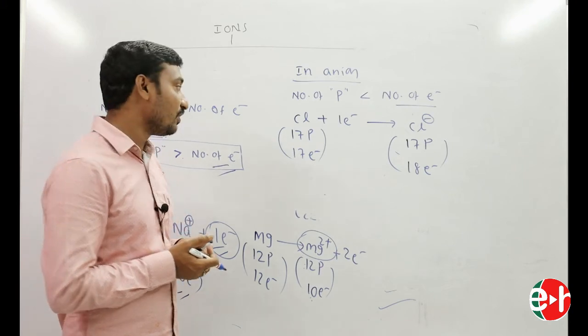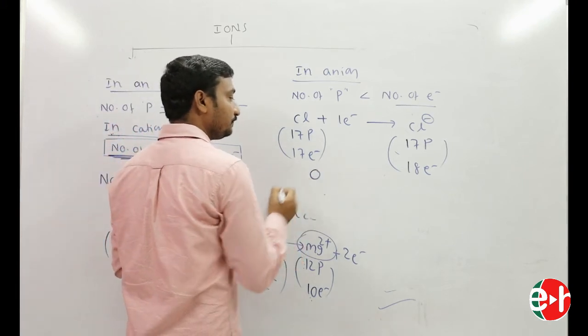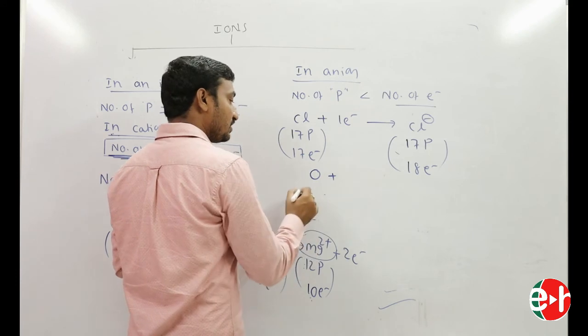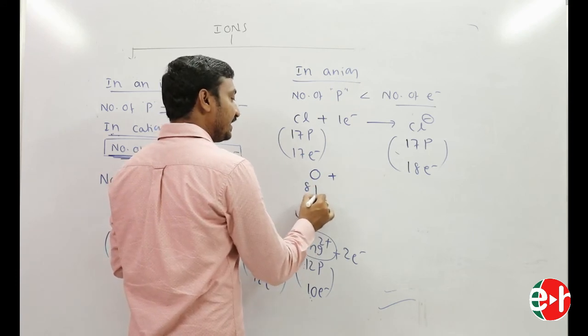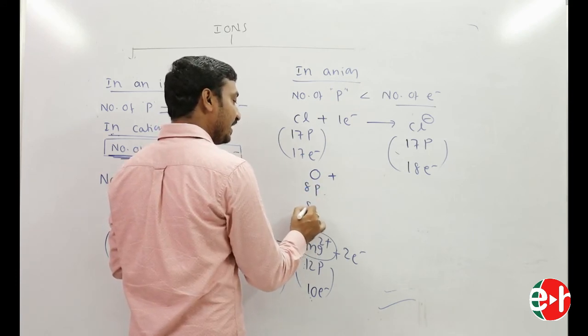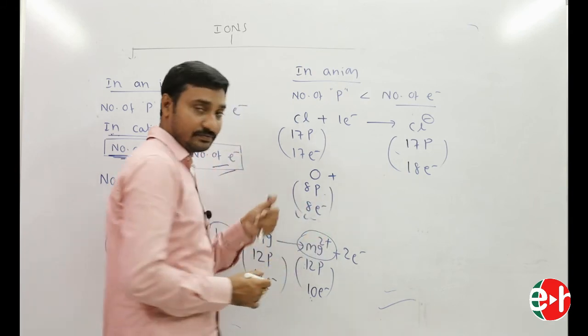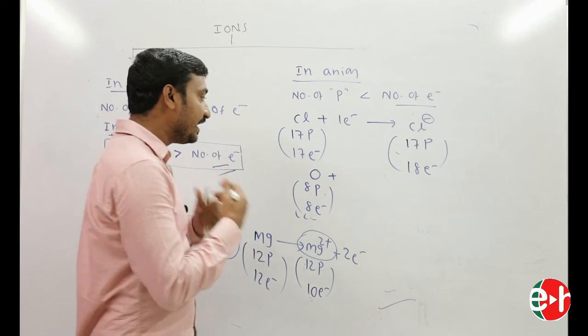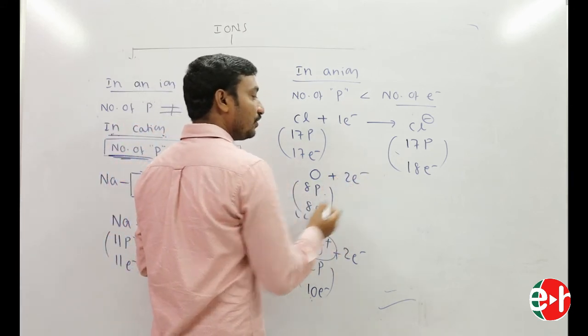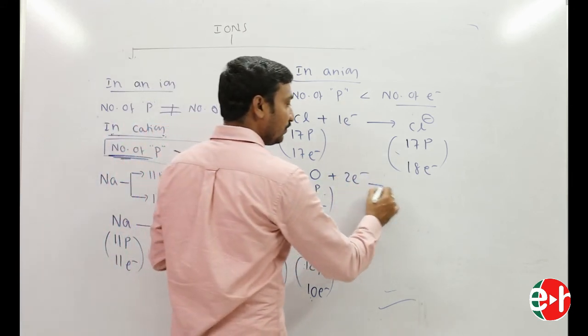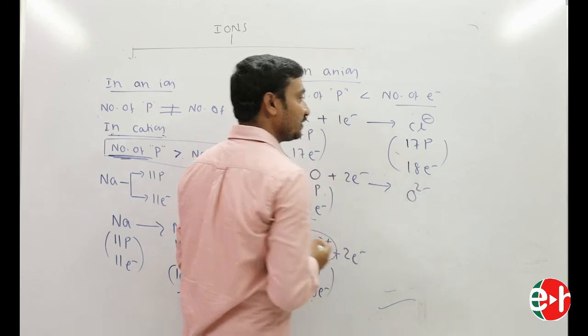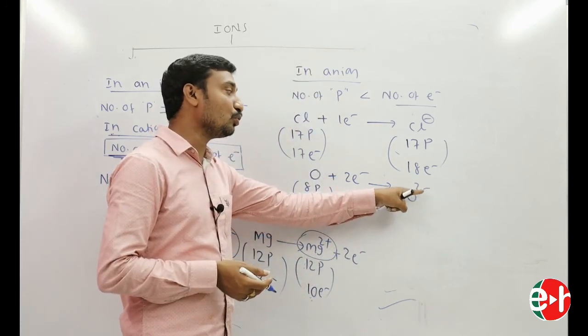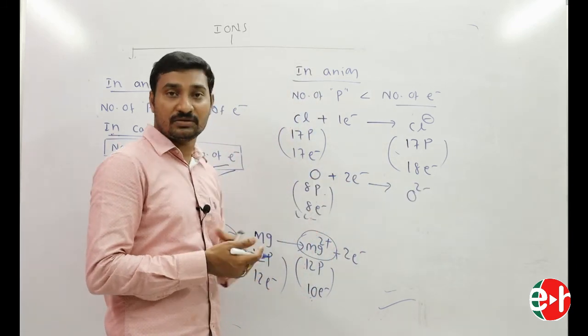One more, oxygen, atomic number 8. It has 8 protons and 8 electrons. Neutral atom. In a neutral atom, protons and electrons are equal. It gained 2 electrons and formed O2 minus. O2 minus means it gained 2 electrons.